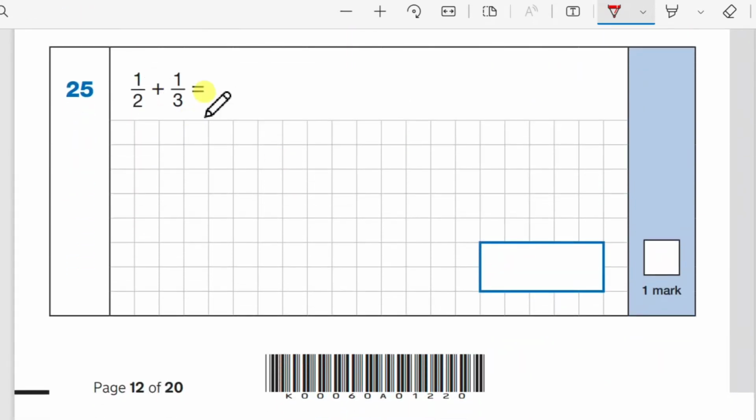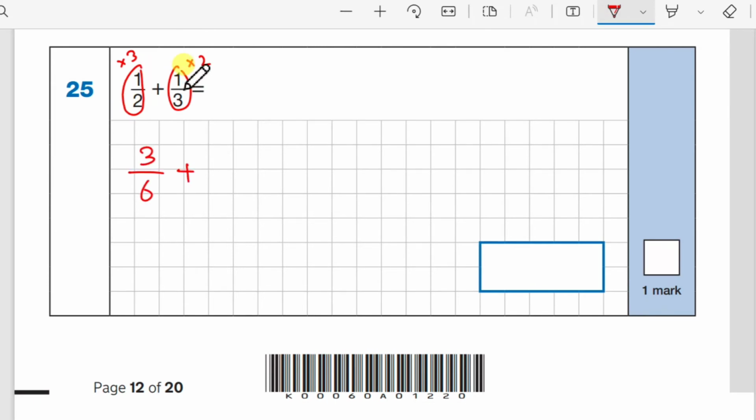Now, 1/2 plus 1/3. Here we need to have common denominators because we're adding a fraction. A nice trick is to basically circle both of them and then times the left and right by the opposite numbers on the denominator. Because you got 2 here and you got 3 here, we can times the left side by 3 and the right side by 2, up and down. That way you both end up with the same number. So if you times the left side by 3, 1 times 3 is 3, and 2 times 3 is 6.